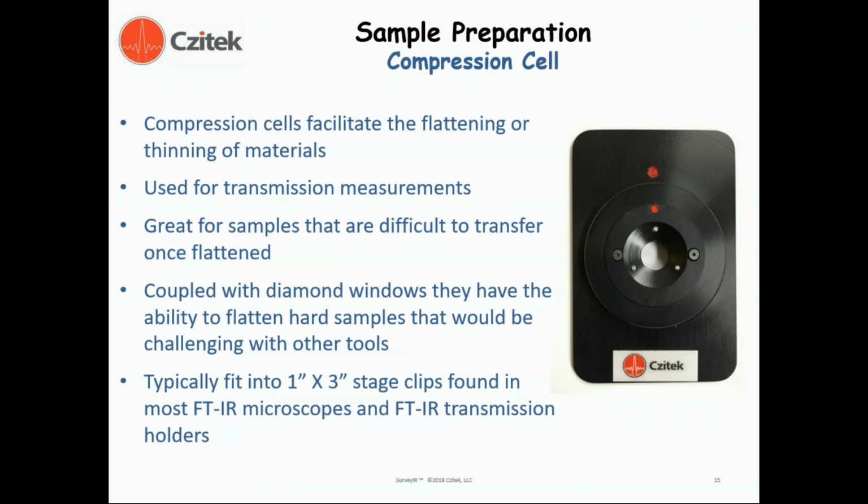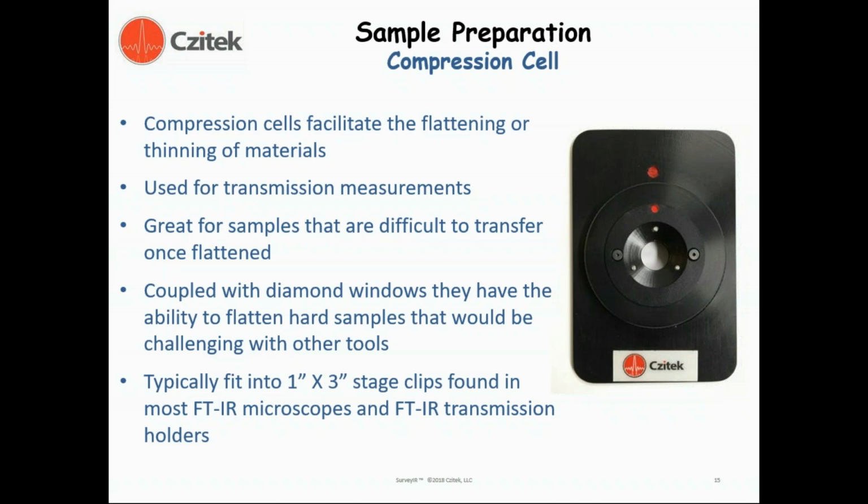Compression cells, and this is an example of a compression cell, can be used for flattening or holding materials flat over the entire field of view. Some samples will have a tendency to not lie flat, and therefore pieces of the sample will be in and out of focus depending on where you are on the sample.